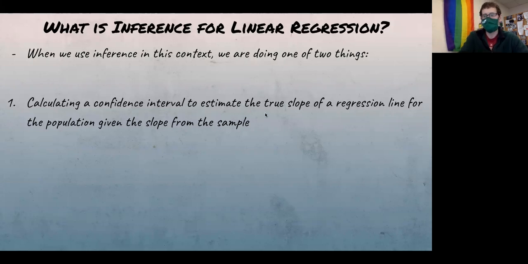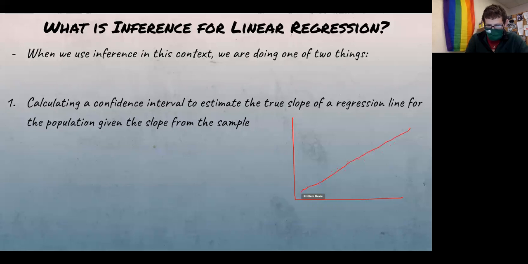Because if we took a different sample, let me give you a quick overview. Here is your sample. I get this regression line, and my slope is whatever. Slope number one is this. But now, let me clear this. I've got a different sample now, which looks like this. This might not look any different.